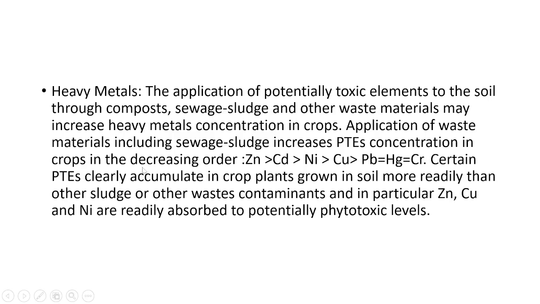Application of waste material including sludge increases PTE, that is potentially toxic elements, concentration in the crops. It means that because of accumulation, the toxicity of the soil may increase, and these are the heavy metals usually present inside the soil.